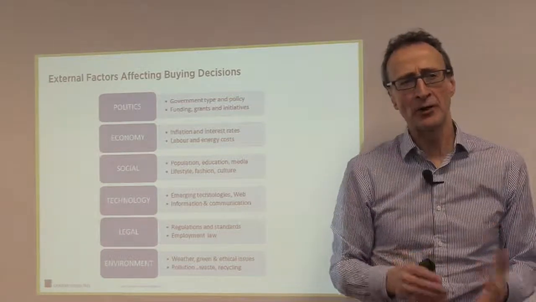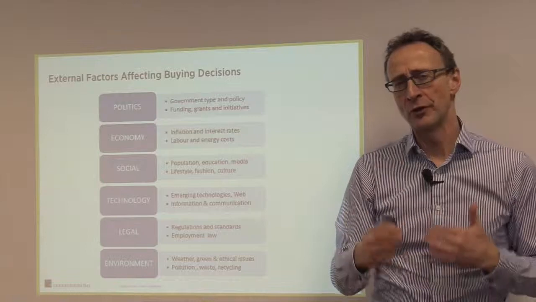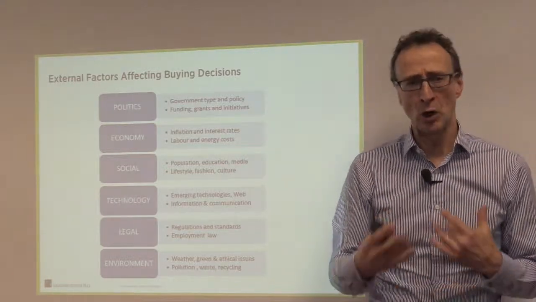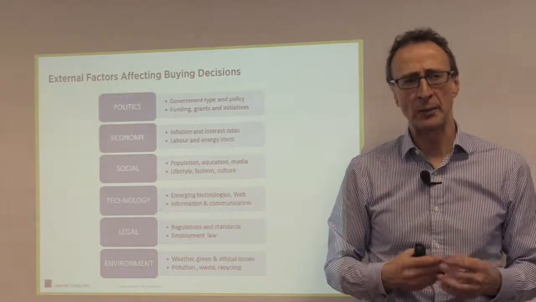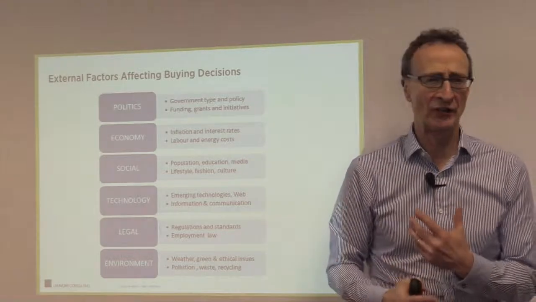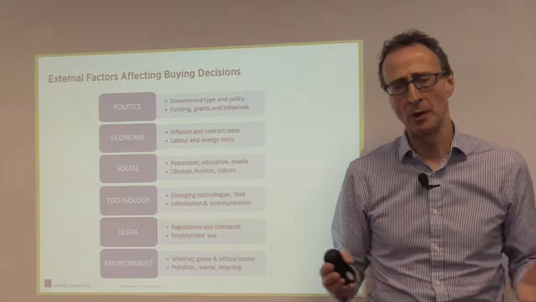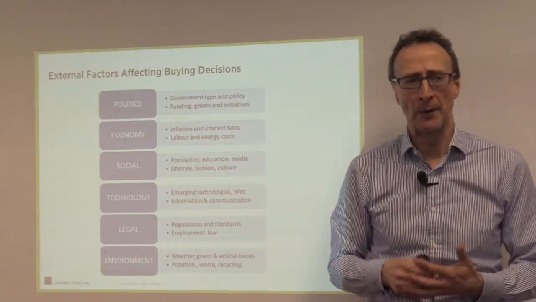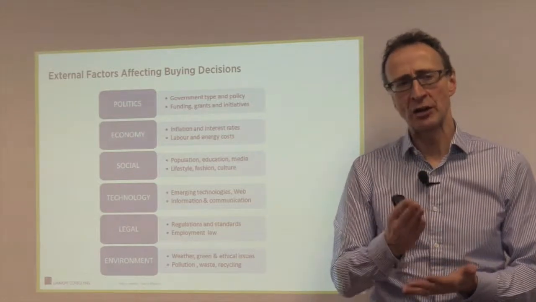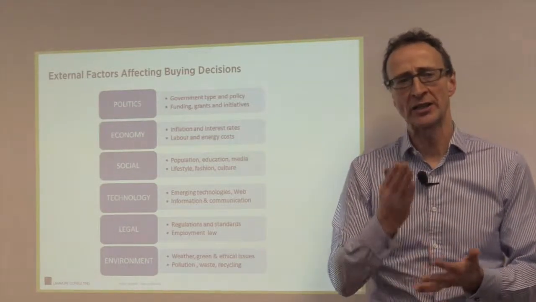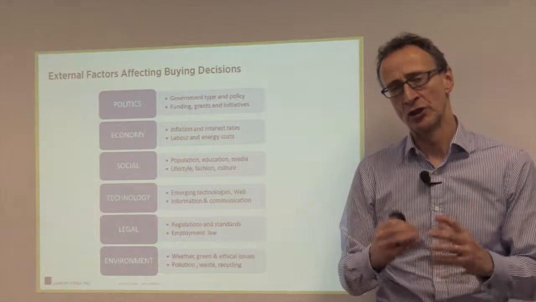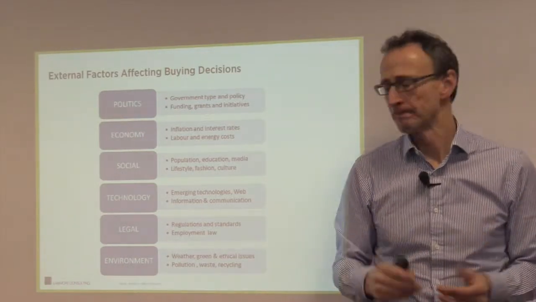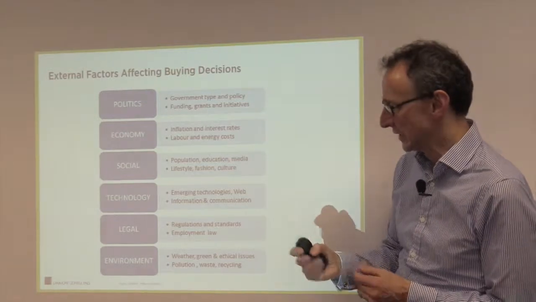So very much, it needs to be the rate of new inventions, development, changes in information, what mobile technology is available, the changes in the internet, the changes of e-commerce, mobile commerce. We're doing so much more now with mobile than we ever dreamed that we would. And therefore, the technological developments on digital and internet-related areas are vital to you understanding the external factors that are affecting this area.